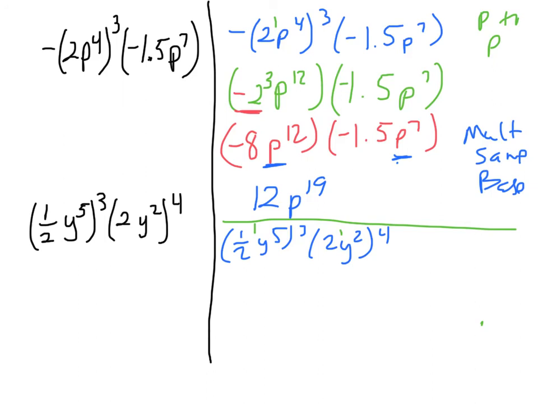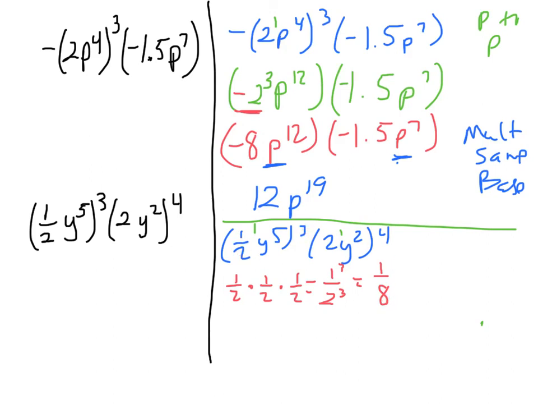So the fraction right here, raised to the 3rd power, is 1/2 times 1/2 times 1/2, because 1/2 is being cubed 3 times. So that means it's 1 over 2 to the 3rd, or you could say 1 to the 3rd over 2 to the 3rd, which is equal to 1/8.